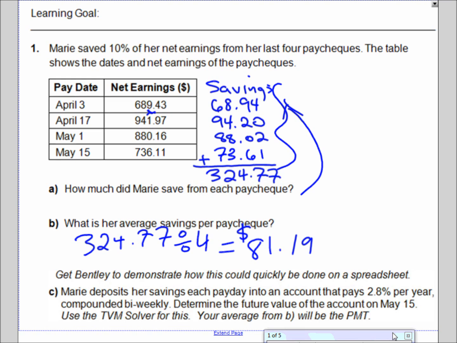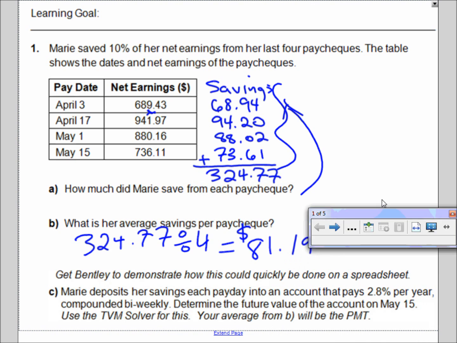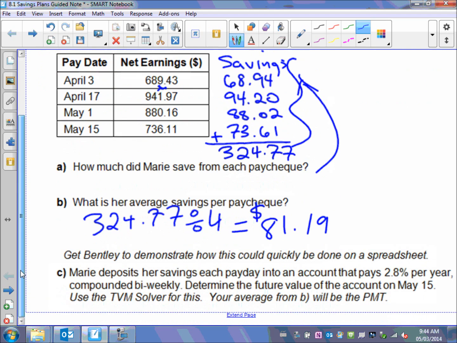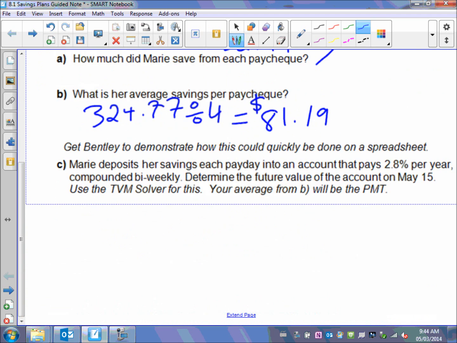Okay, so this talks about the spreadsheet. We did this on the spreadsheet for that one activity. But Marie deposits her savings each payday into an account that pays this much per year, compounded biweekly. Determine the future value of the account on May 15th.